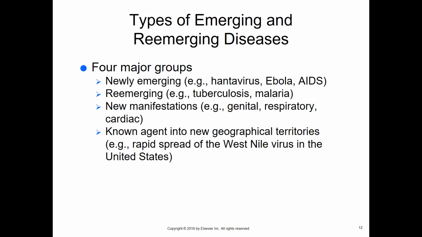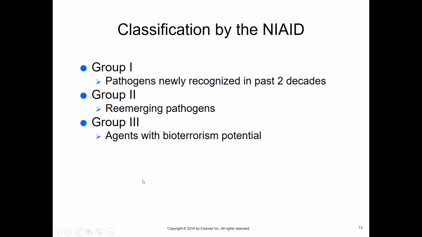The National Institute of Allergy and Infectious Disease has classified the emergent and reemerging infectious diseases into 3 groups. Group 1, pathogens that have been newly recognized in the past 2 decades. Group 2, reemerging pathogens.